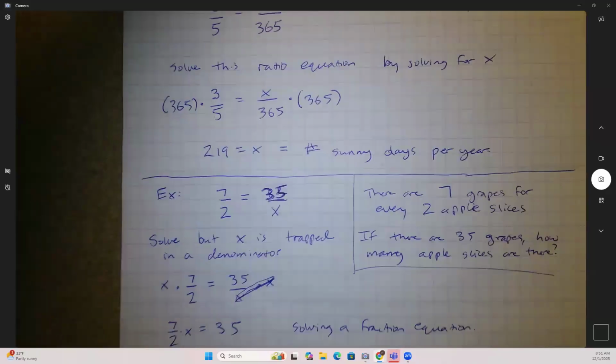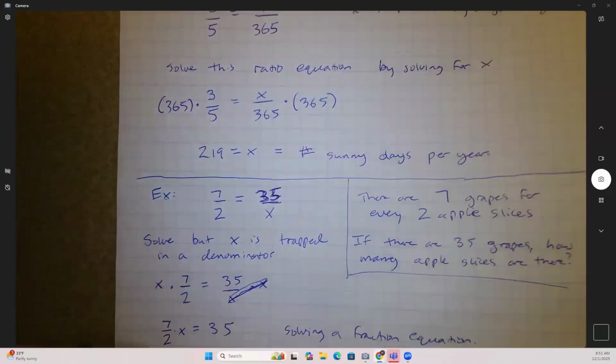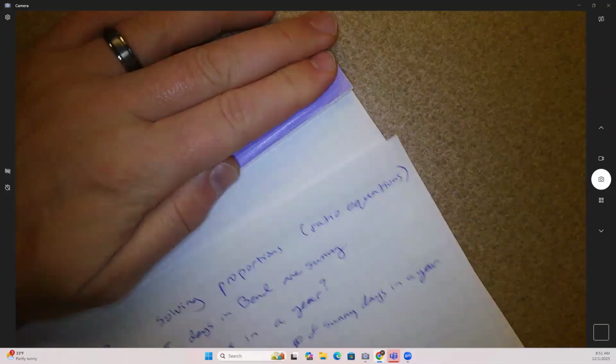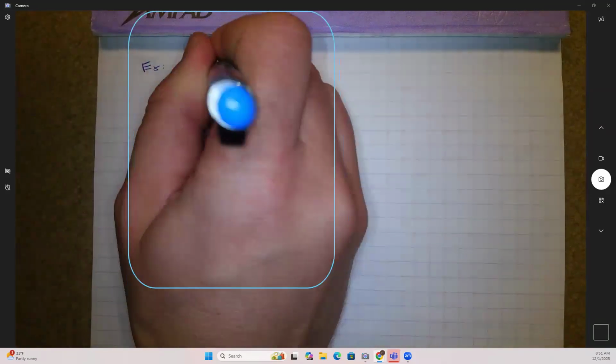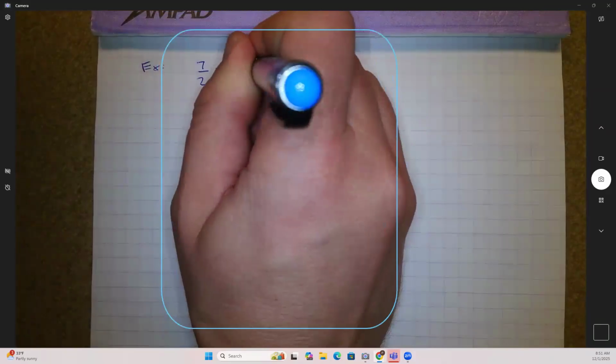Okay. Now, the other way to solve this, which is more of a logic step first than an algebra step, is to say, same question, 7 over 2 equals 35 over x.